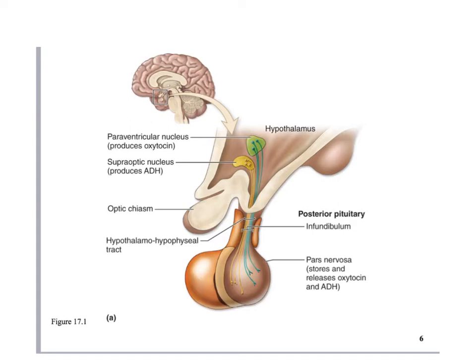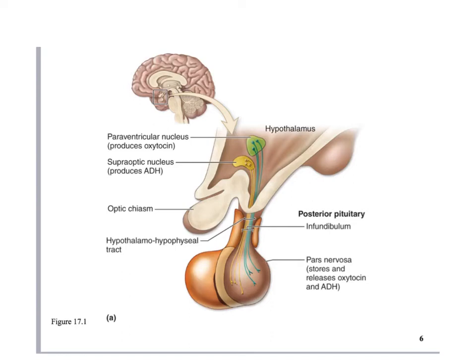Your paraventricular nucleus produces oxytocin, and your supraoptic nucleus produces ADH, antidiuretic hormone, also known as vasopressin. And where do they go? Neurons extend out through the infundibulum and then innervate the posterior pituitary.